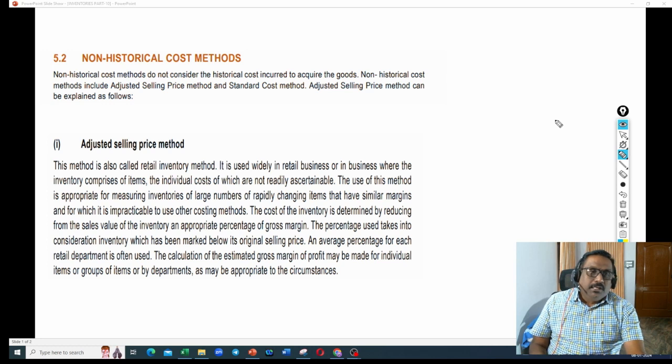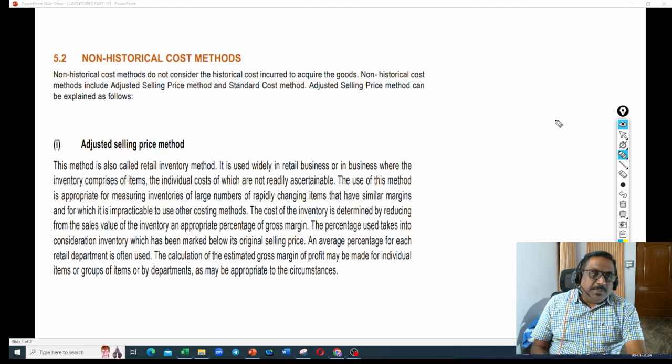So it is used widely in retail business, or in businesses where the inventory comprises items, the individual costs of which are not readily ascertainable. Very simple. It is not readily ascertainable for those products because they keep changing.